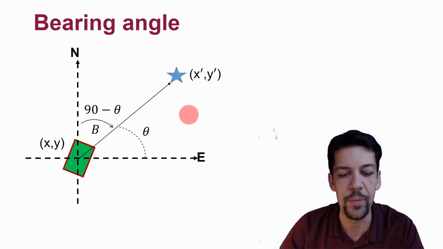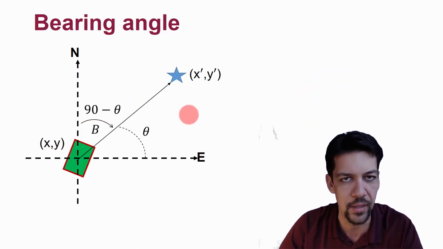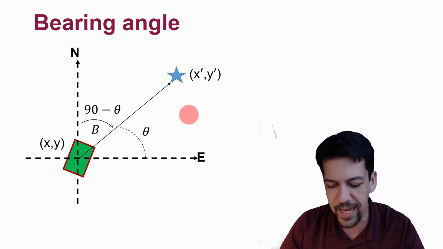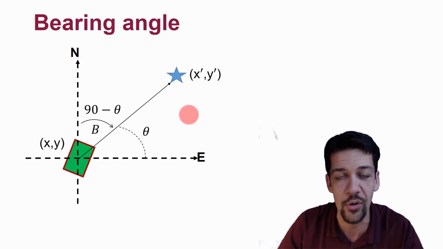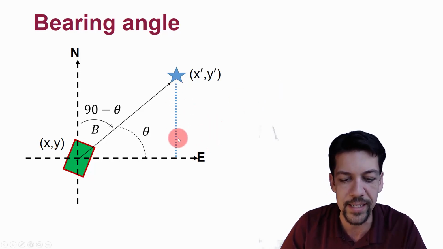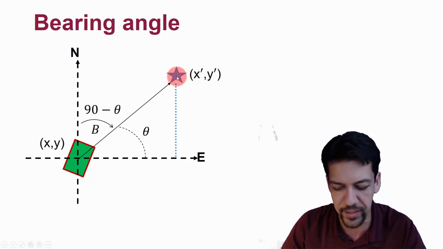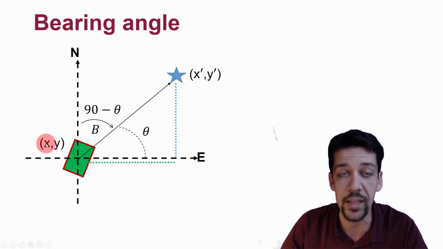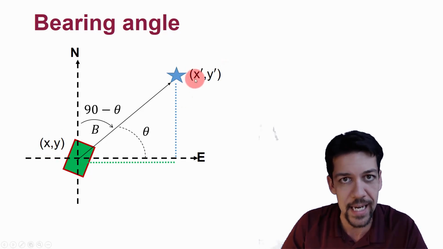To calculate this, we basically take each of our latitude and longitude coordinates as x and y values, and we can do SOHCAHTOA here. Latitude is my y coordinate. I know the difference between my current latitude and my destination latitude, and I also know the difference between my current longitude and my destination longitude.